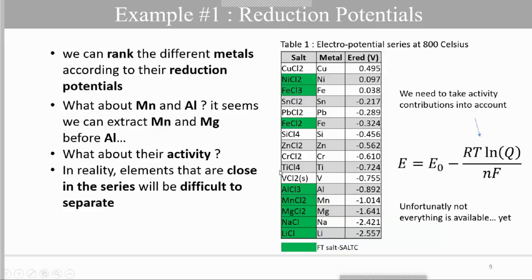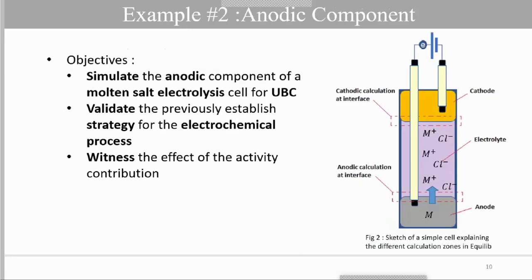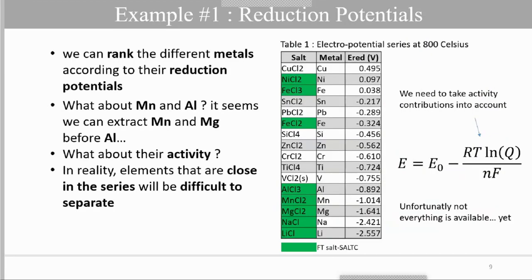So this exercise gives us some insight as to what will probably go, what will not, what we can consider, and how we can reduce the size of our system in order to have something as close to reality as we can. So it's very important to do this exercise. This was a very short and sweet example on reduction potential, nonetheless very important.